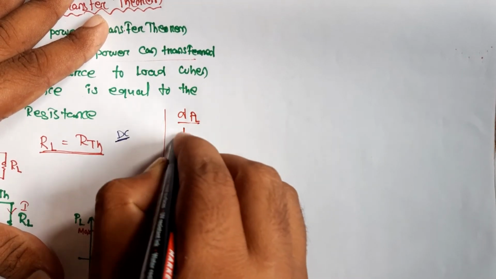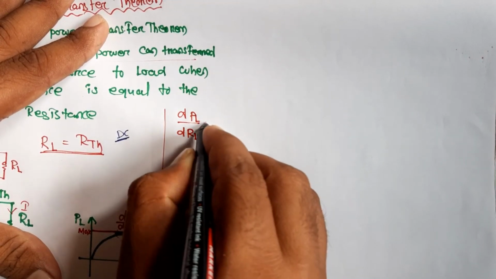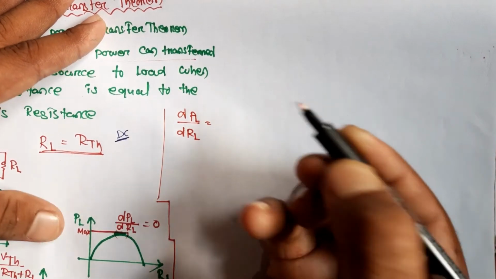dPL by dRL is equal to the derivative of this.